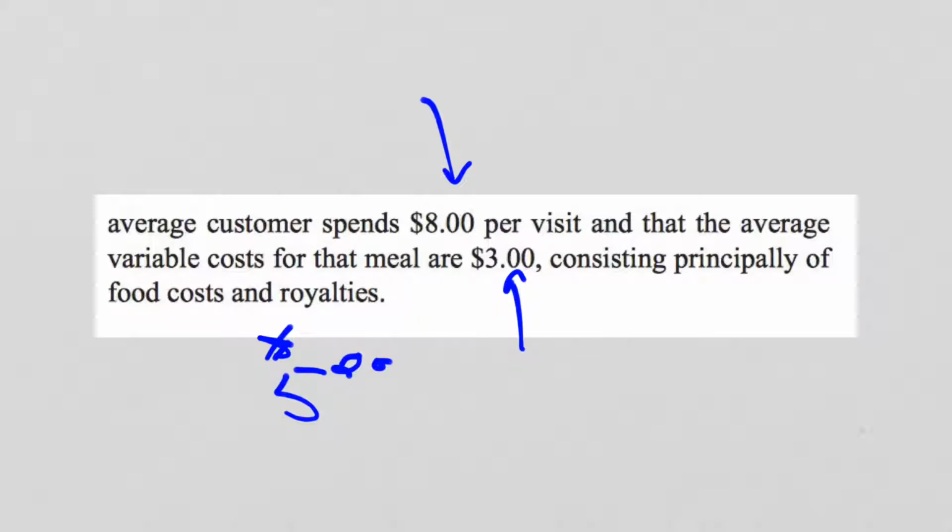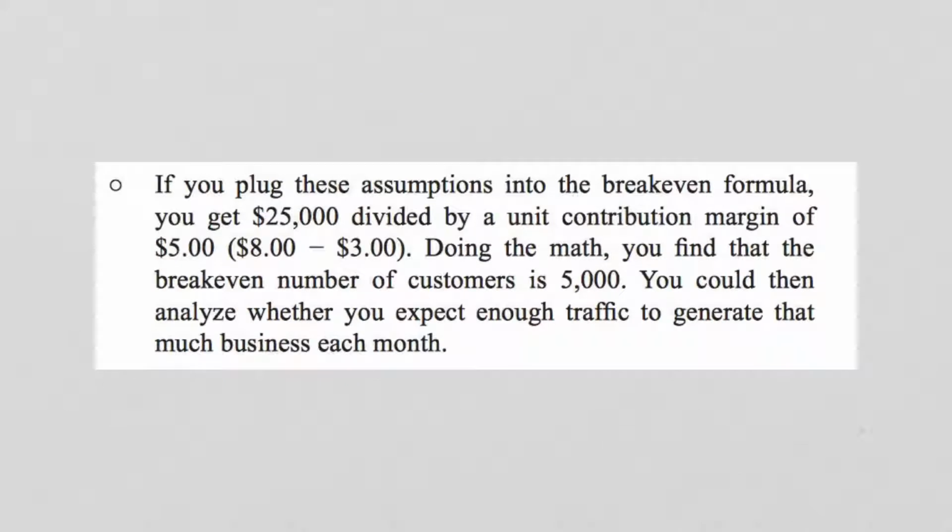So if that's the contribution margin, you can now figure out what you need to do to break even to cover your $25,000 of fixed overhead. The answer is by number of customers as opposed to sales, but you can do the same thing.